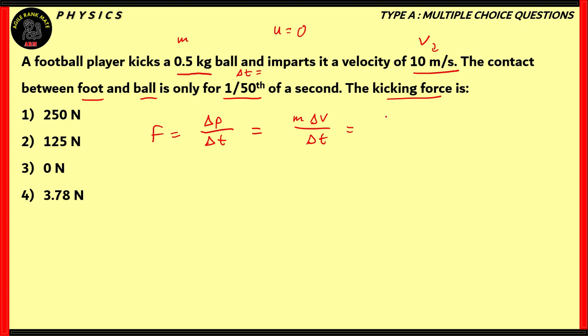So the mass is 0.5 and the change in velocity is 10 meters per second over delta t, the time difference, which we know as 1/50. So 0.5 times 10 gives you 5.